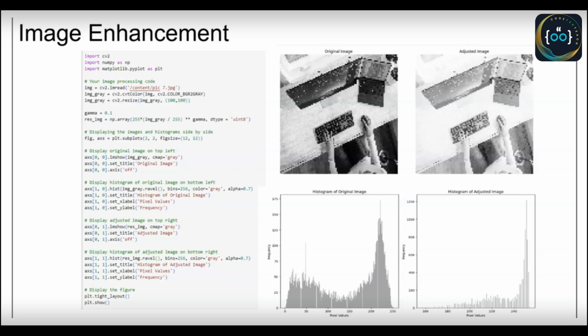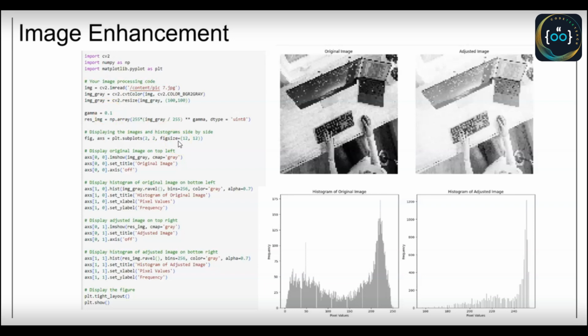The process starts with reading the image, then converting the color image to gray, and then resizing. This is something that we did earlier also. And then we go ahead and enhance the image using a gamma value of 0.1. So these two lines of code pretty much do the job of enhancing the image.